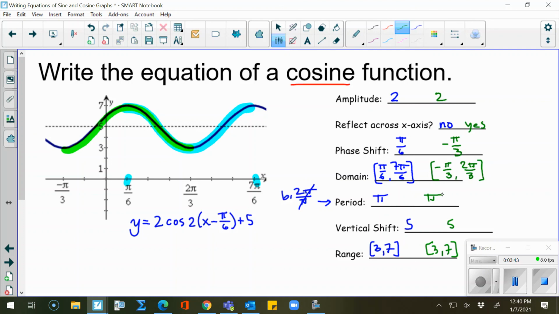And the adjustments we would see to that equation are that we have a reflection and a different phase shift. X minus a negative pi over 3, yet the vertical shift is the same. Now, you only have to write one equation. I just want you to see that there are variations in the equations that we might write.